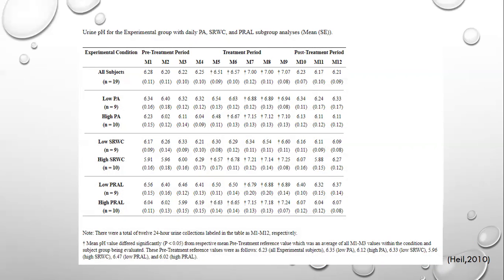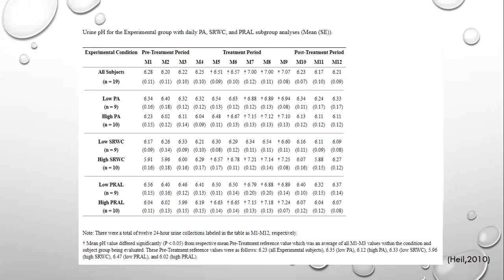The results showed that there was no change in the dependent variables for the control group. The experimental group, on the other hand, showed increases in blood and urine pH. The blood pH went from 6.23 to 7.07.